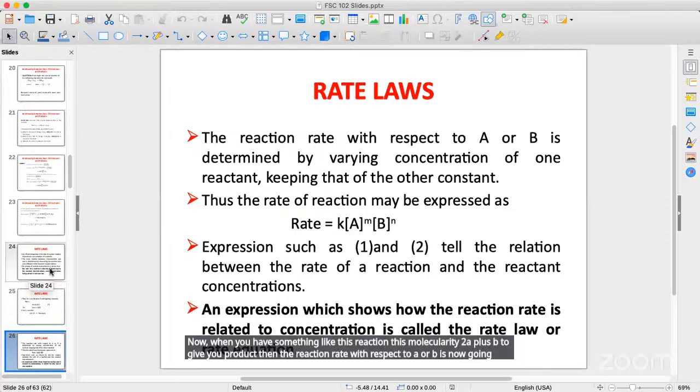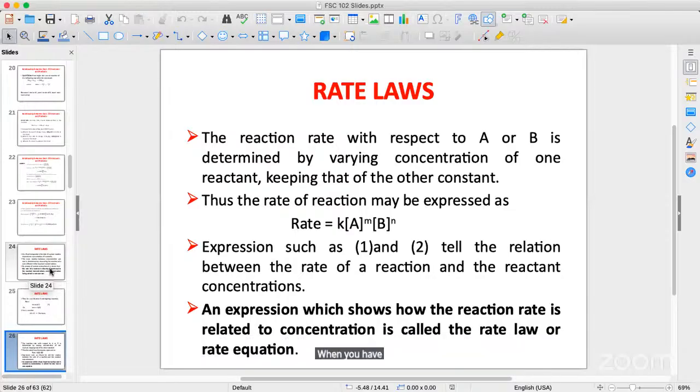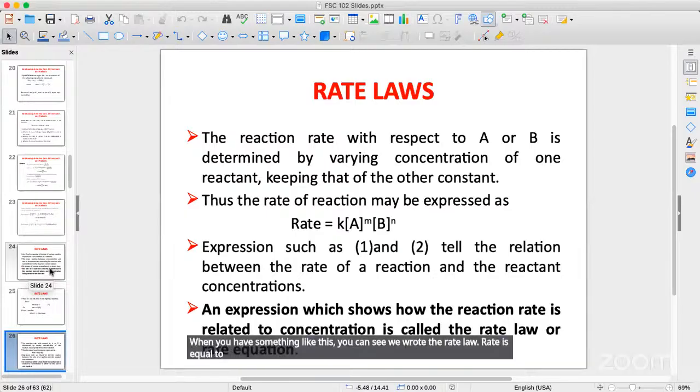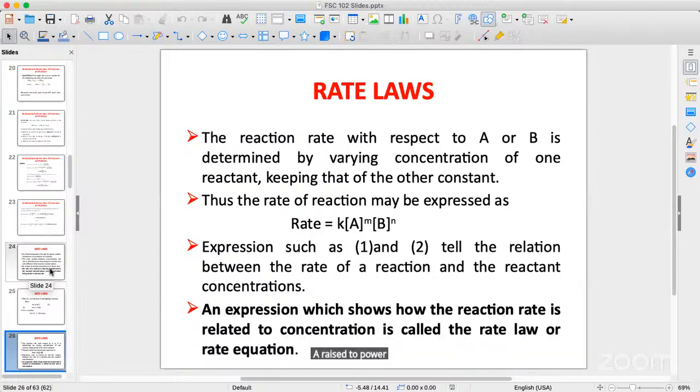We wrote the rate law: rate is equal to k, the rate constant, times A raised to power m, and like I said, those powers are your orders of reaction.